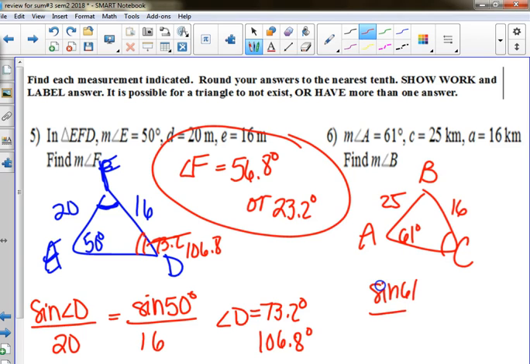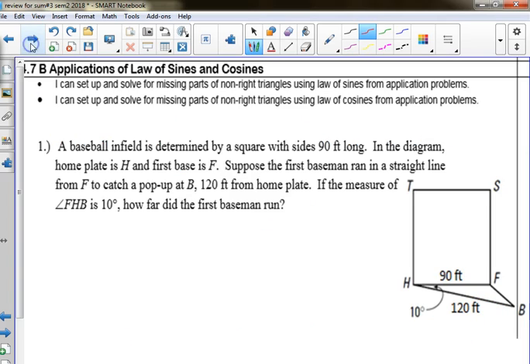Sine of 61 over 16 equals sine of C over 25. Type it real fast, see what happens. Yep, that one's no solution. Okay. Directions say there could be one with more solutions or no solution.